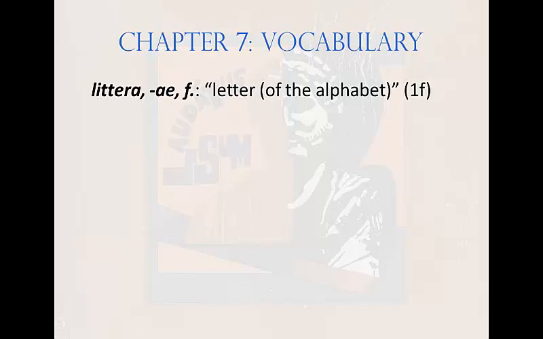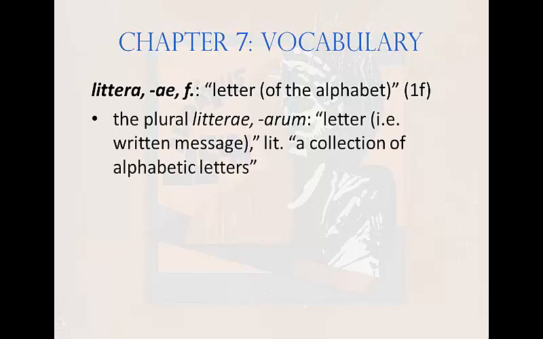It's a first declension feminine noun, and it's a fascinating word. In its plural form, literae, literarum, this word means a letter, singular, in our sense of a letter written to someone, a written message. But you can see from the fact that literae is plural that it literally means letters of the alphabet.